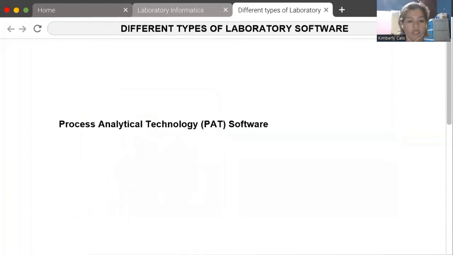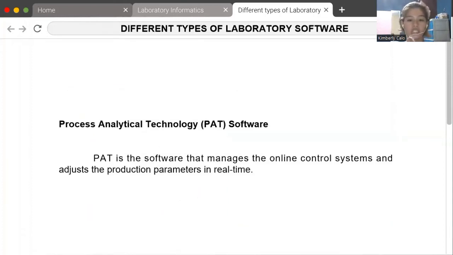Next is the Process Analytical Technology software, or PAT software. PAT is the software that manages the online control systems and adjusts the production parameters in real time. PAT is defined as a system for developing, assessing, and managing manufacturing processes by measuring essential quality and performance parameters in real time to ensure consistent product quality.